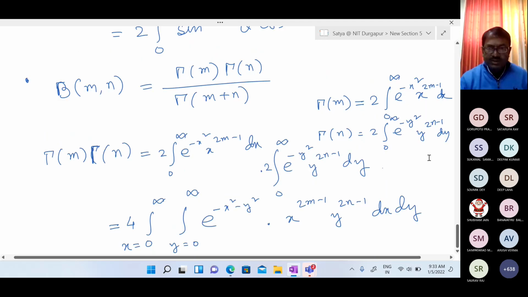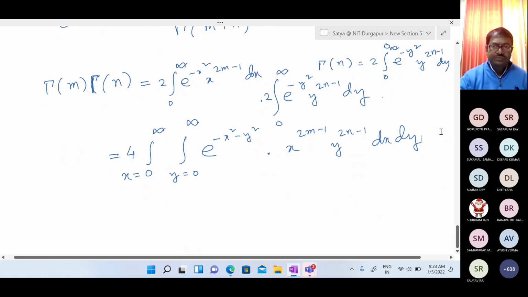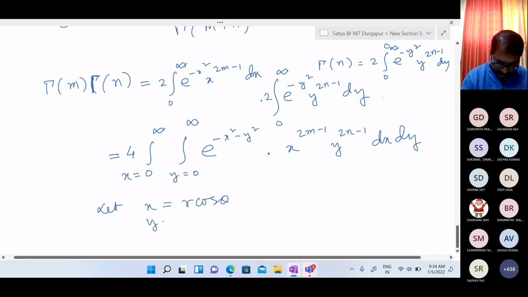Now I am changing this from this side to polar coordinates. That means shifting, we let x equal to r cos theta, y equal to r sin theta. Then what do we know?